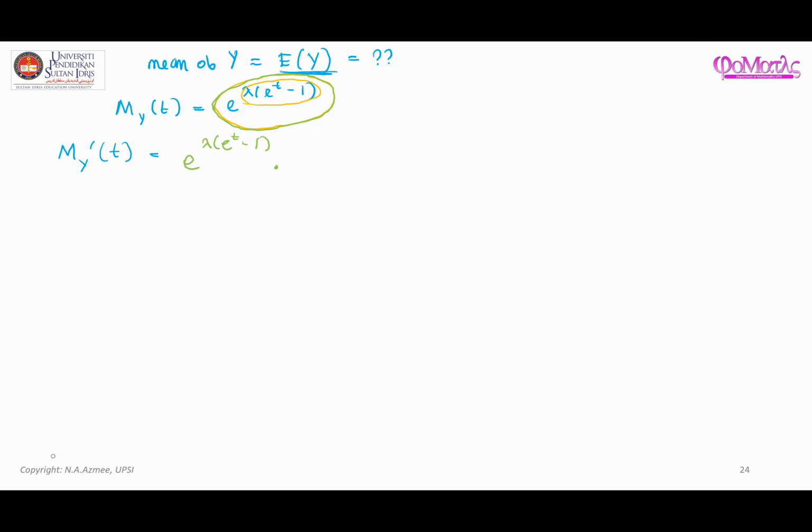And then if you differentiate the inner part with respect to t, the result is going to be λe^t, because when you differentiate λ times negative 1, it will be 0. That can be simplified as e^(λ(e^t − 1)) times λe^t.